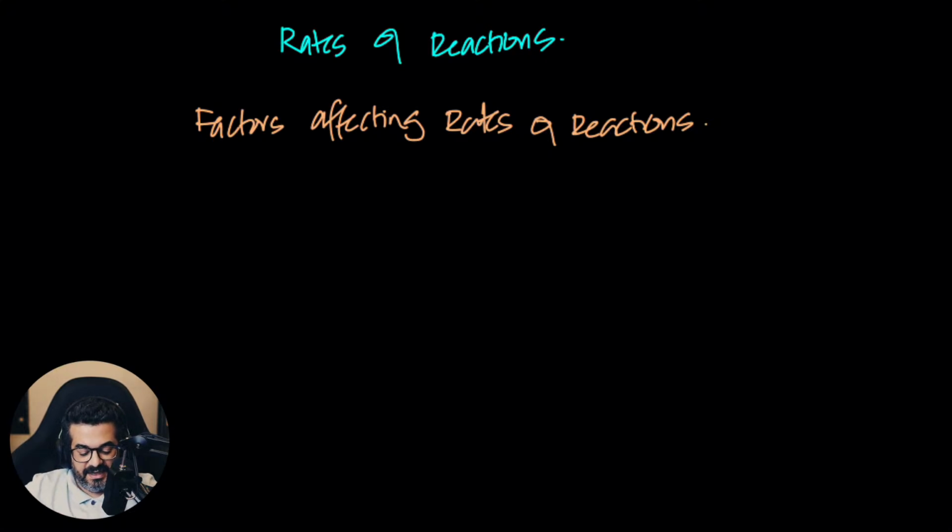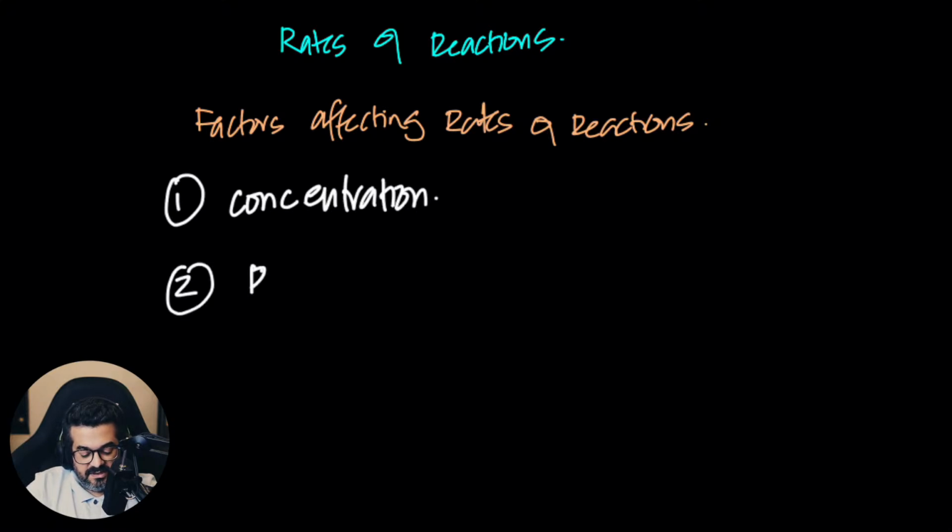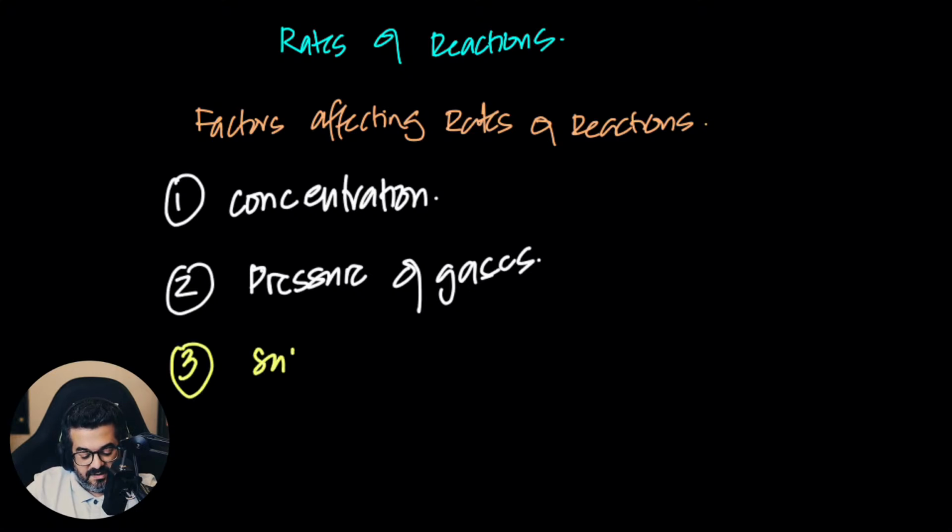Now, I'm going to explicitly lay out all the factors just once. Factor number one, which we saw, is concentration of solutions. Factor number two is pressure of gases, if your reactants are gases. Factor number three is surface area of particles.